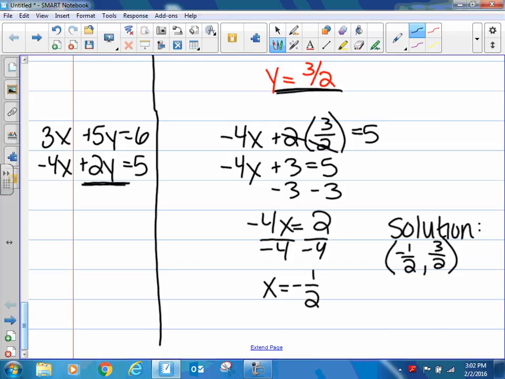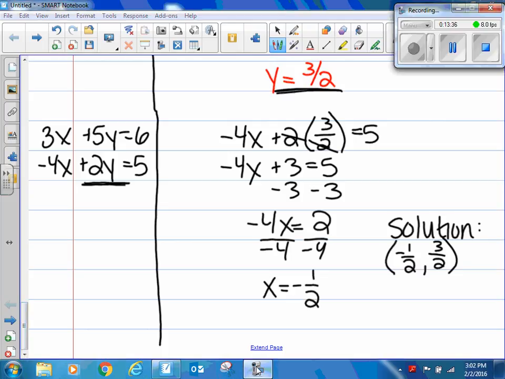All right, so that was a little bit different, and we added another step where you actually had to multiply those equations so they could work with you so you could eliminate them. So let's look at another one.